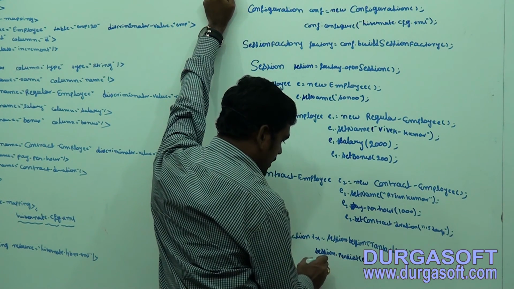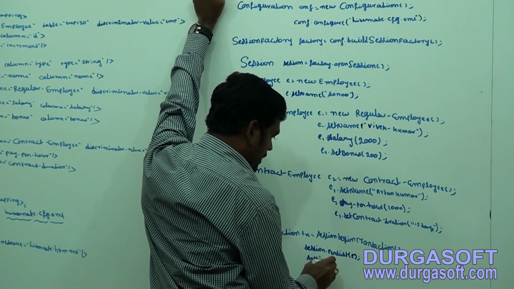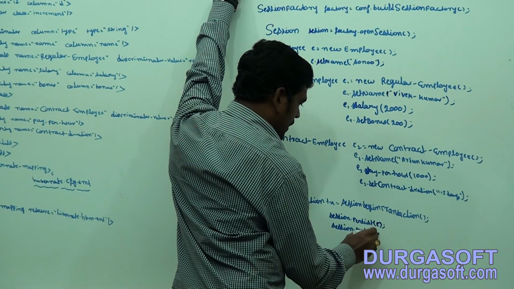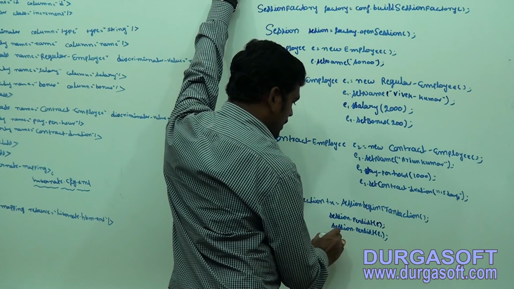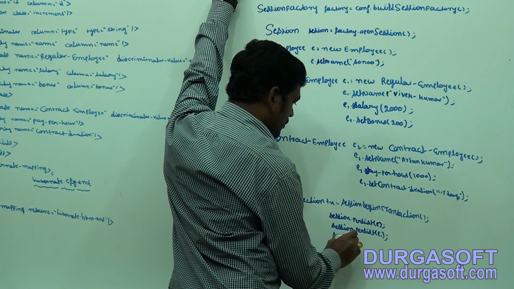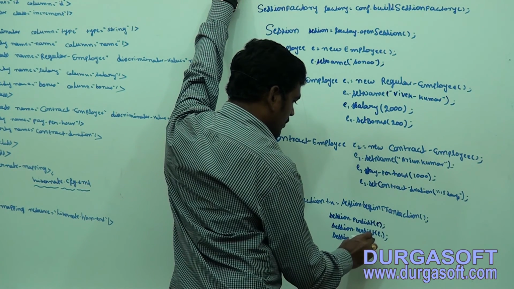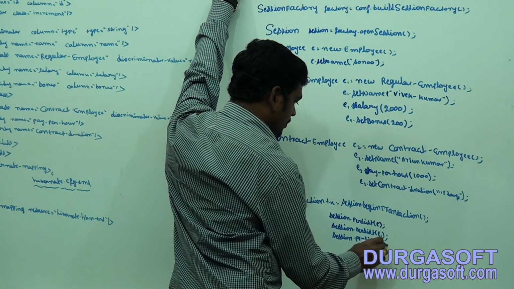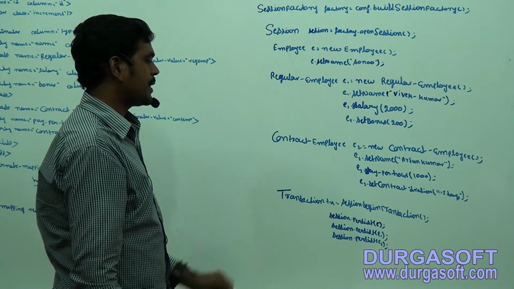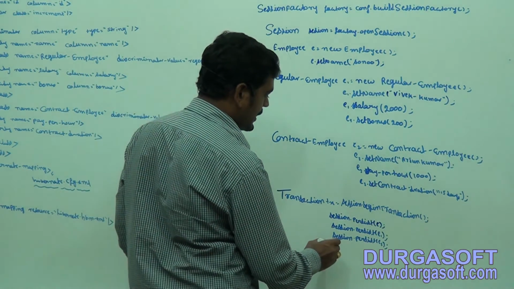The next, session.persist(e1), session.persist(e2). Like this I am persisting all these objects. After that, tx.commit.